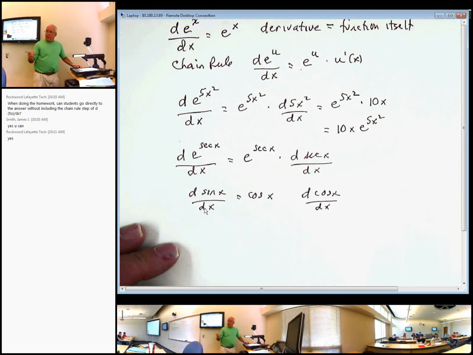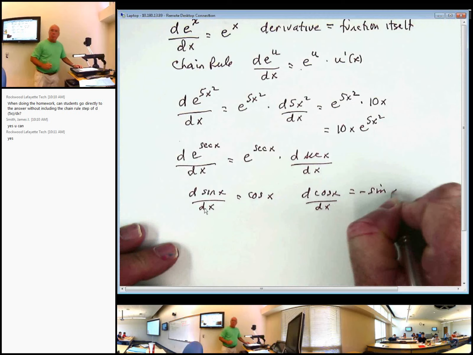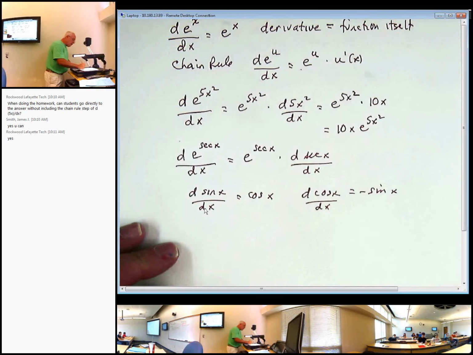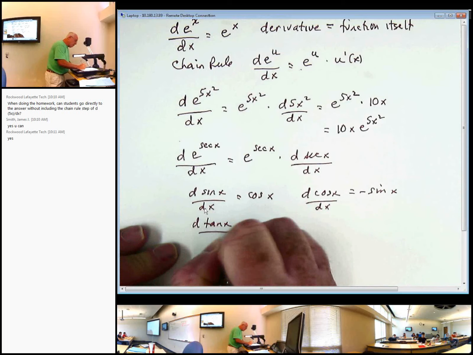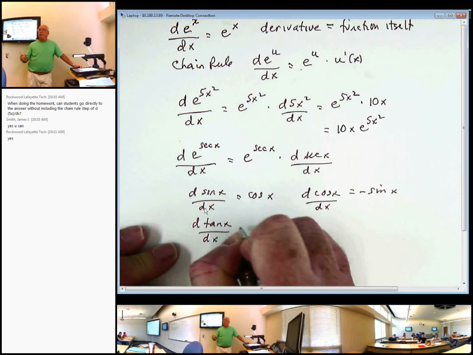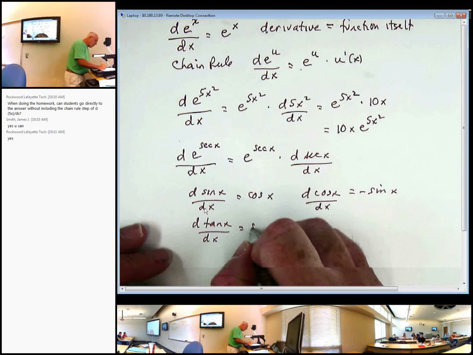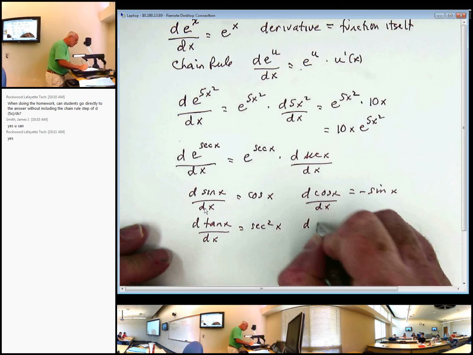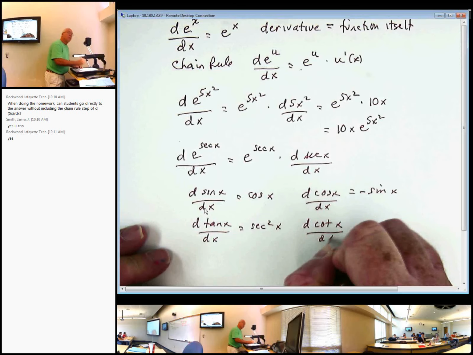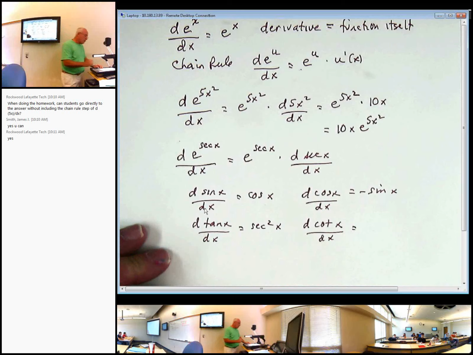Negative sine of x. Okay. Derivative of the tangent of x. This is going to be a must-know thing. Secant squared of x. Derivative of the cotangent of x. Very good. Negative cosecant squared.